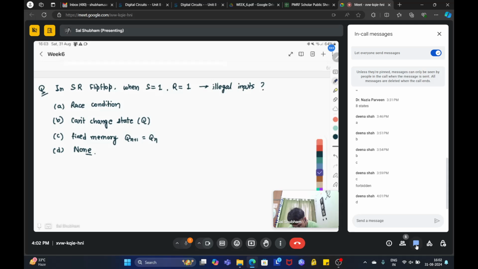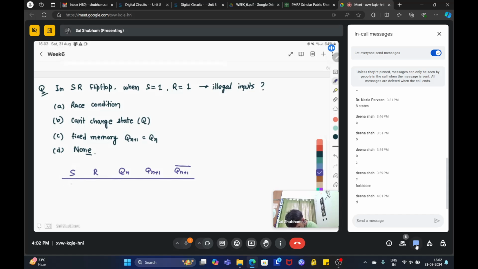So I will help you with this. I will make the truth table of an SR flip-flop, okay? SR, Qn, Qn plus 1, and Qn plus 1 bar. Fine.